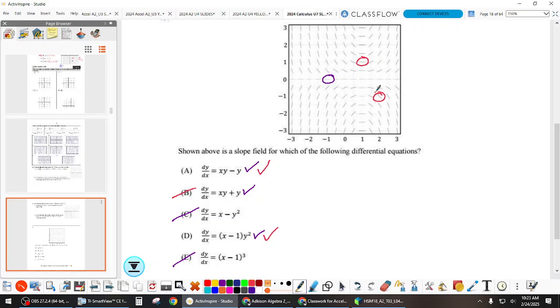Okay. Let me change color actually for that. 2, okay, so 2 times -1, and this one we're not looking for a 0 slope, but negative. 2 times -1 is -2, minus -1 is still negative. That looks like a negative slope, so that one still works.